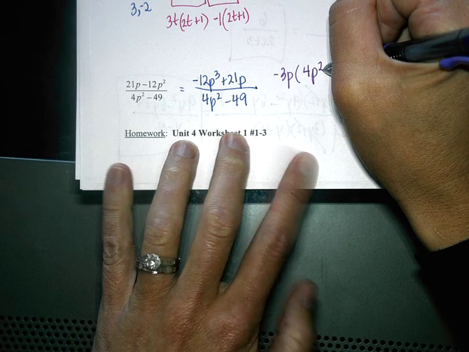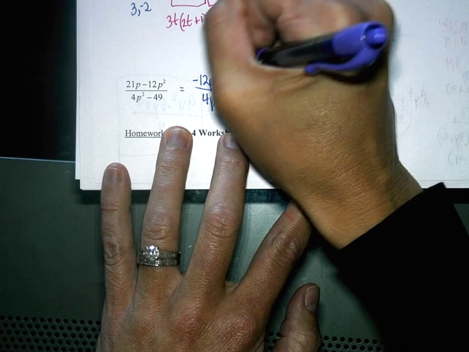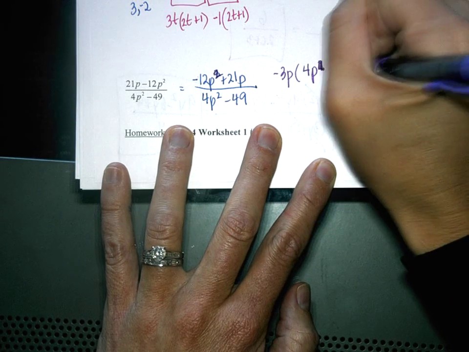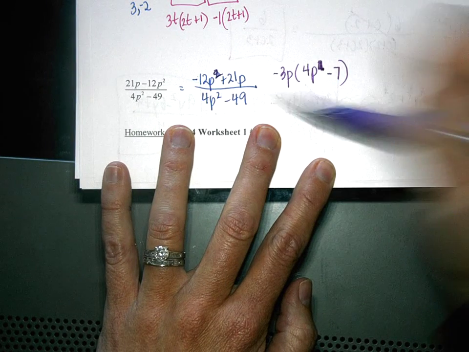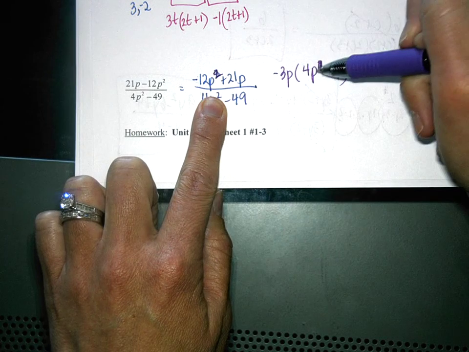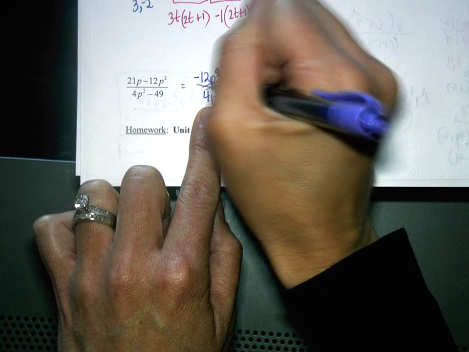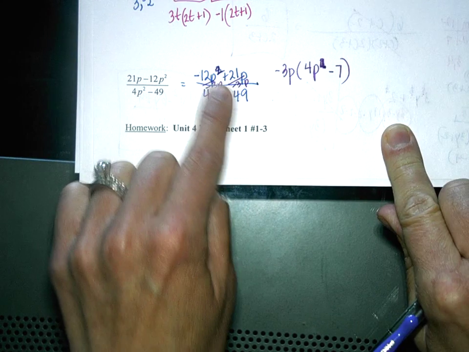Oh, I just noticed that I wrote this wrong. Okay, so 4p, there we go, minus 7. So again, we took out the GCF of negative 3p. We're left with 4p minus 7, because when you're dividing by a negative 3p, a positive divided by a negative makes a negative.